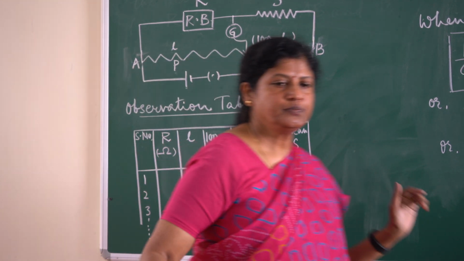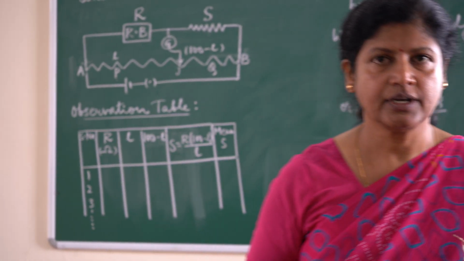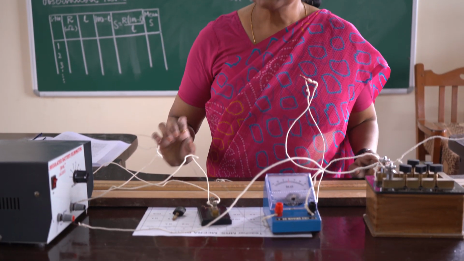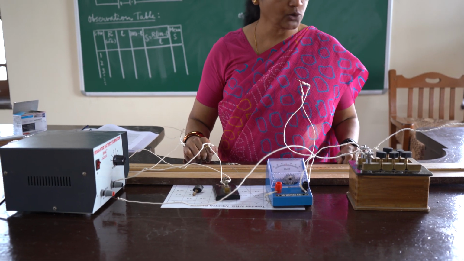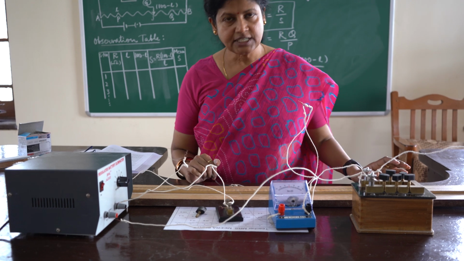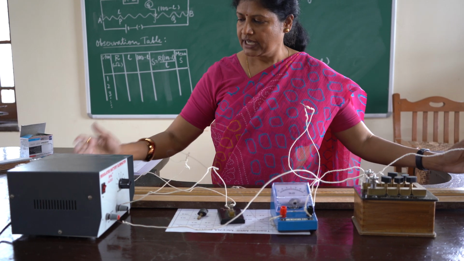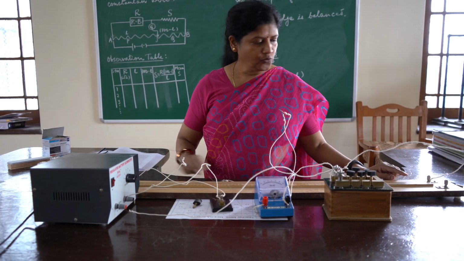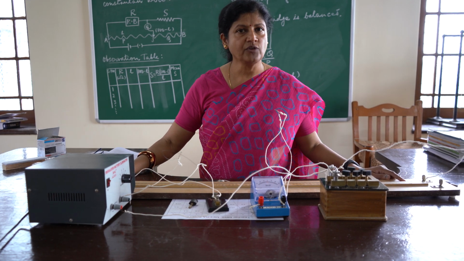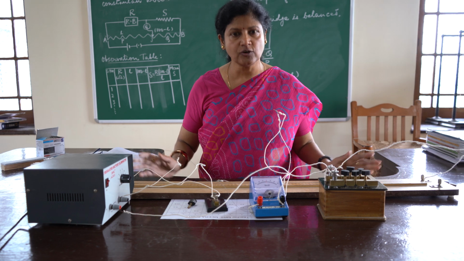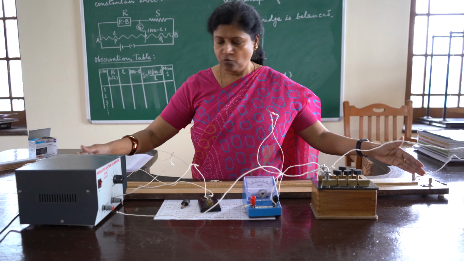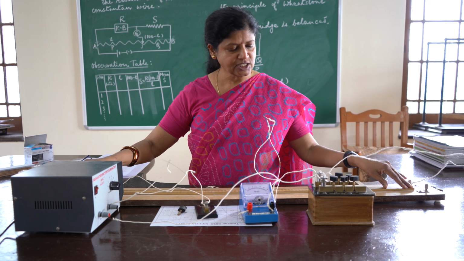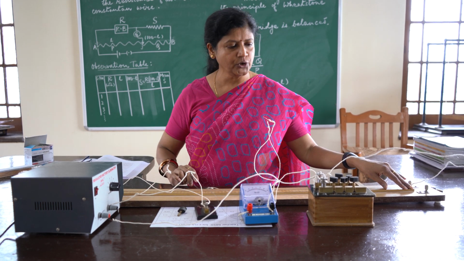Now, come to here. Here we are having our setup. For apparatus required, we will write here we are having meter bridge. 100 centimeter long wire is mounted on the wooden board and 1 meter length meter scale is mounted on the wooden board.